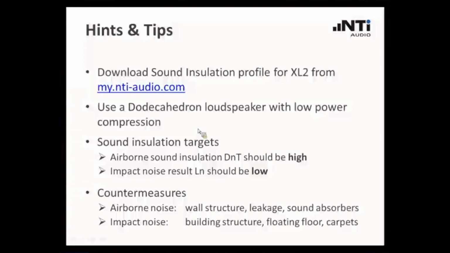Or sound absorbers would be another option to improve the situation regarding airborne noise. When we talk about impact noise, of course, the building structure plays a key role. Maybe a floating floor would be a solution, or the installation of carpets could help to improve the situation if it's not acceptable.